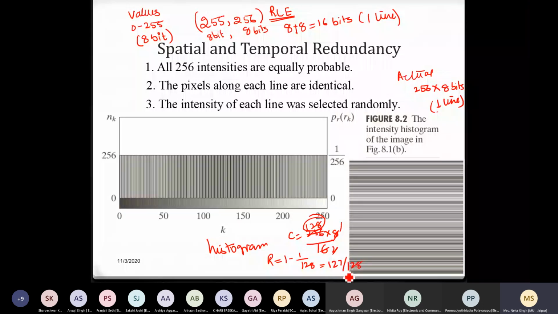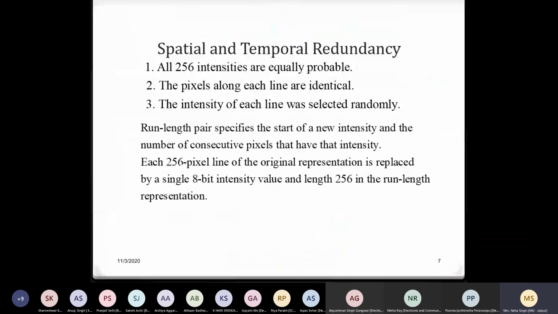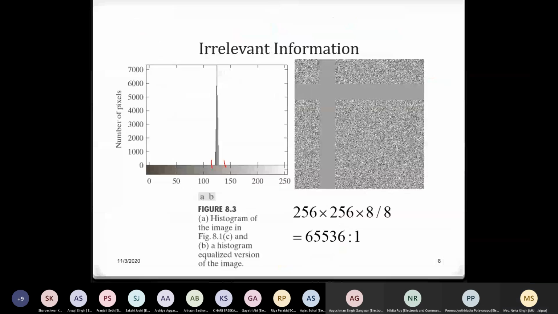It means almost 100% of the data here is redundant. It is a very small amount of data which bears the information, and with that information we can reconstruct the whole image. So this is your second class of algorithm, which we will use to reduce the spatial redundancy. We have already talked about it.